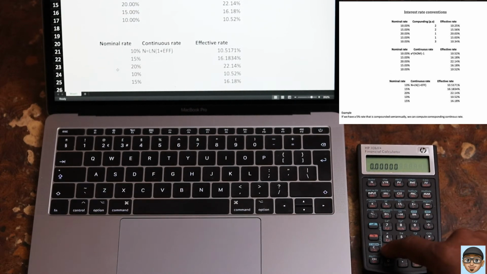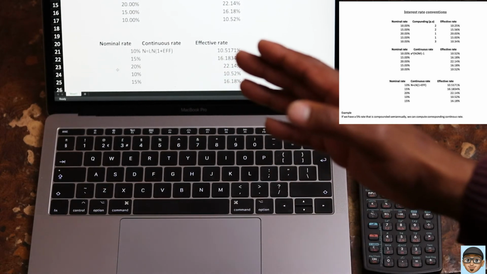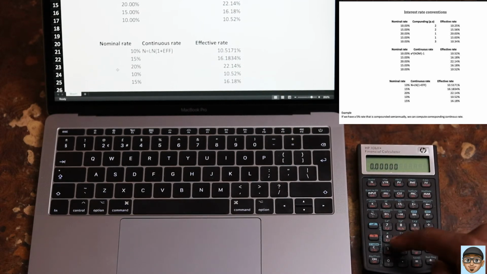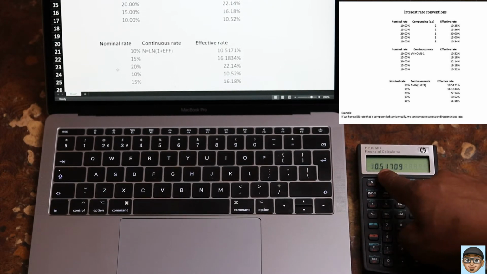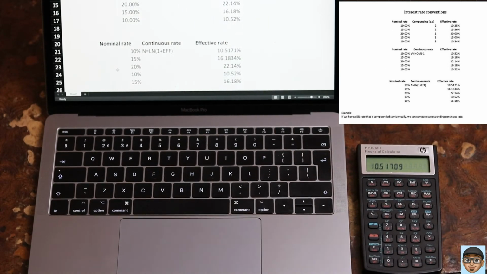For instance, in the example that we see on the screen right now, we go back to 10% as the nominal interest rate for 1 year, and then the effective interest rate will be 10.5152. That is the same answer we see on the screen.